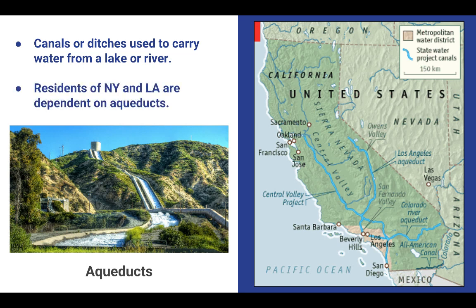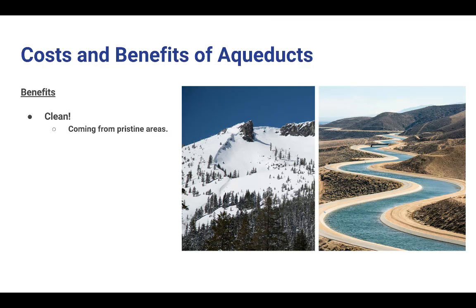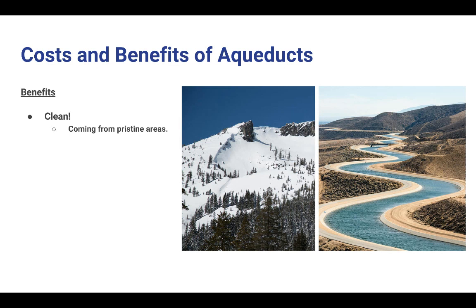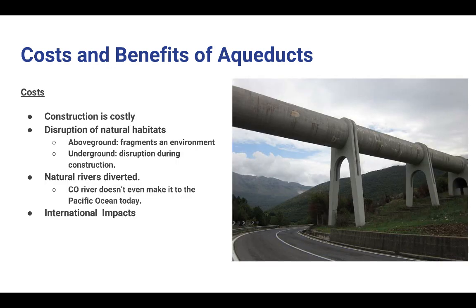So New York, LA are relying on these aqueducts, and unfortunately they're not very efficient. There is a benefit though. You have clean, beautiful water coming from pristine areas. Here we have the aqueduct going to LA. It's coming from the beautiful Sierra Nevada mountains, the snow melt. It's clean, it's fresh, and it's a guaranteed good water source.